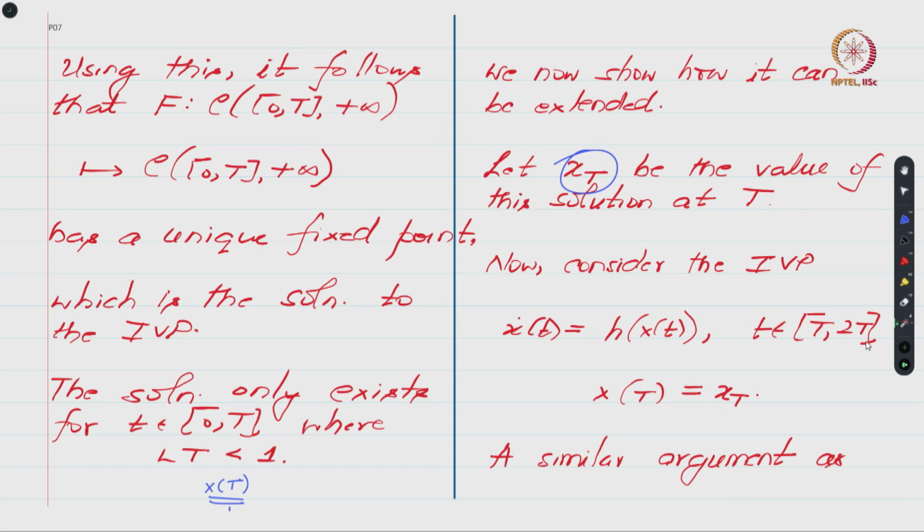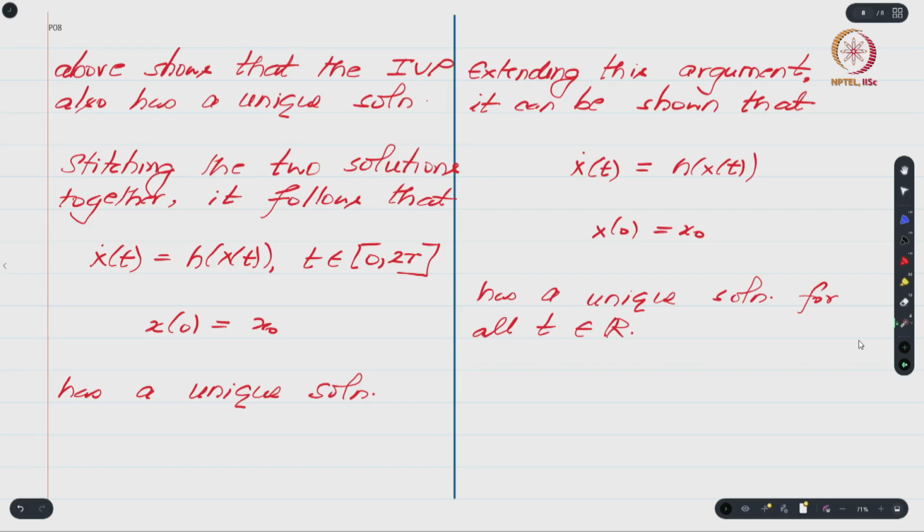Earlier you were looking between 0 to capital T, now you look at the time window T to 2T. Is that okay? Now one can see that a similar argument as before helps us conclude that this new initial value problem also has a unique solution.